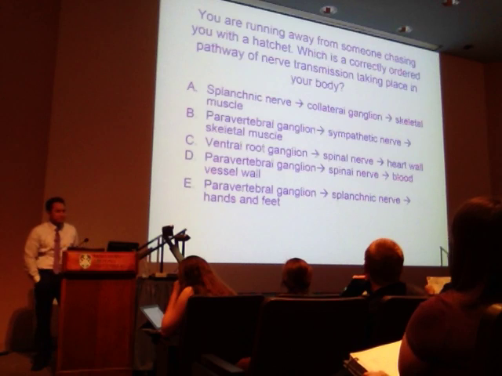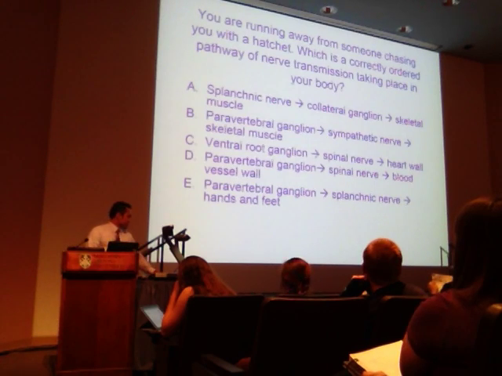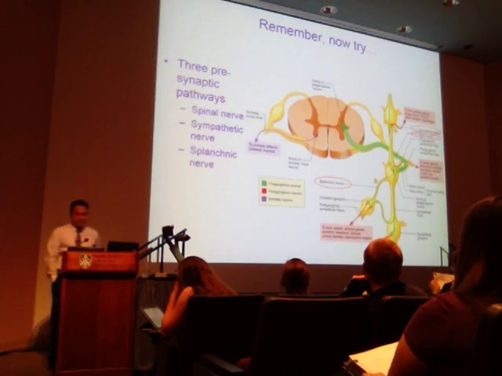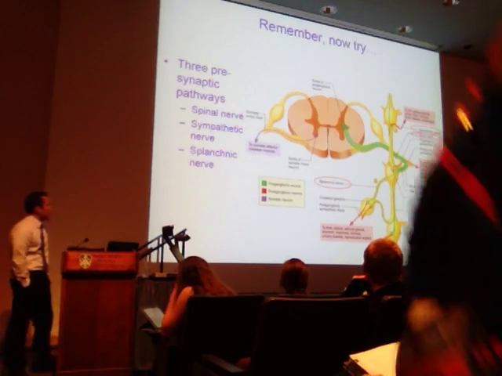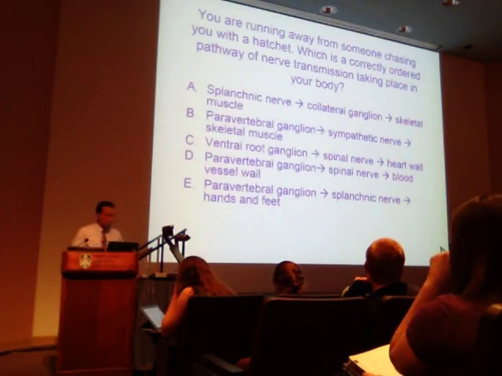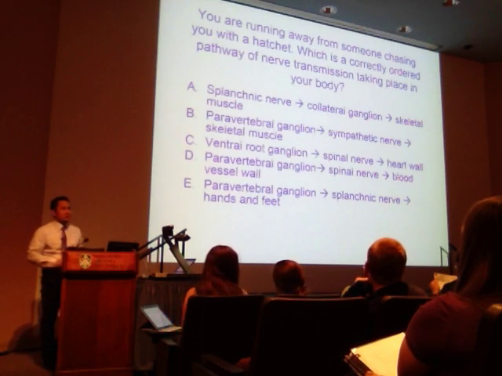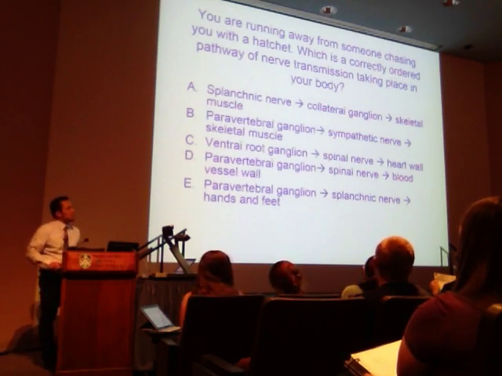Let's look at A. A says the splenic nerve to the collateral ganglion to skeletal muscle. But the splenic nerve does what? It innervates the abdominal cavity, right? You with me? So this one can't be right, A, because the splenic nerve doesn't go to skeletal muscle. You follow that?